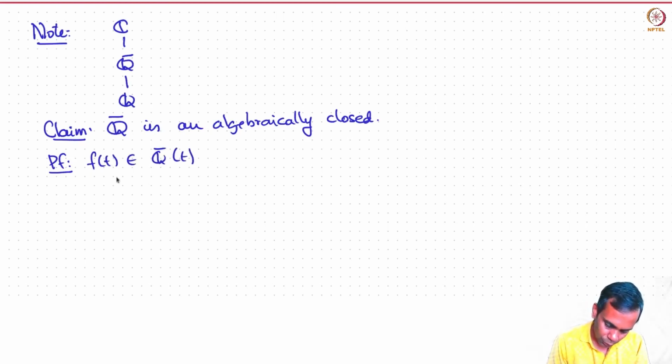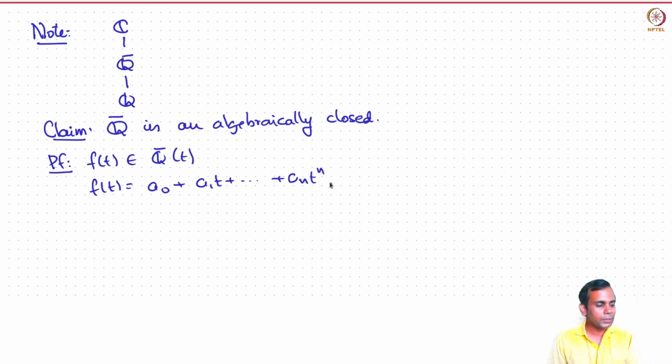So suppose f(t) is equal to a0 plus a1 t plus ... plus an t to the n. Now we'll use the fact that the complex numbers are algebraically closed.